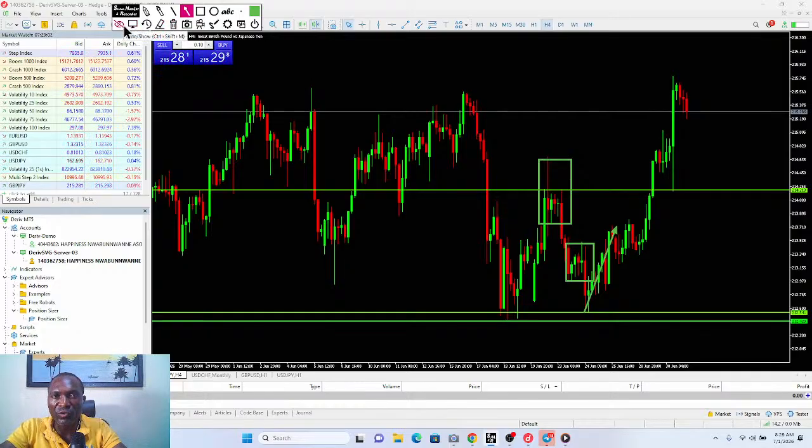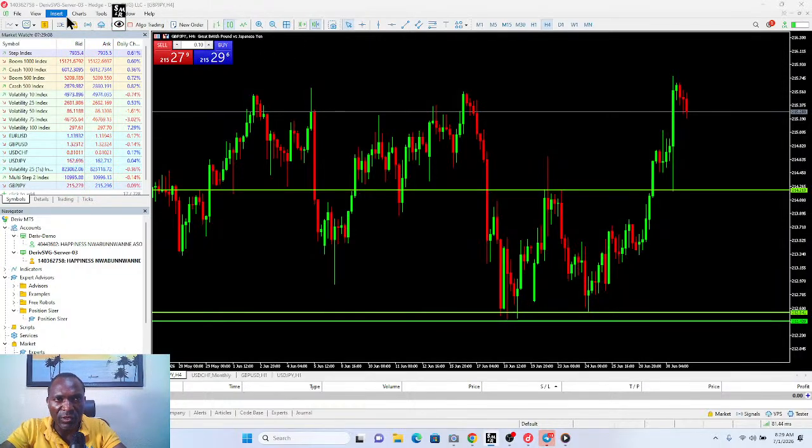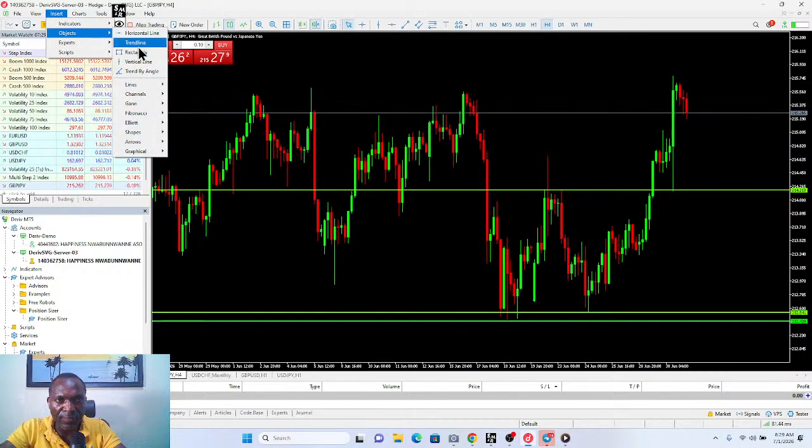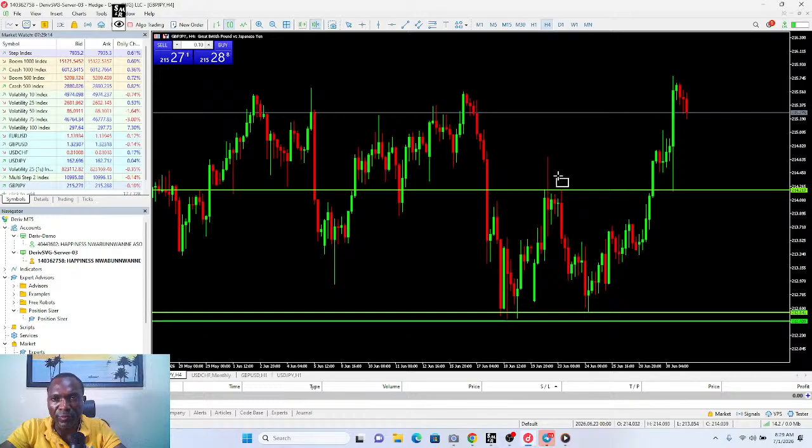Good. So since we now know that there is a change, let me remove this. Then I just want to use my rectangle. Okay. Now let's just make it of this rectangle. Market broke it down. I have this.